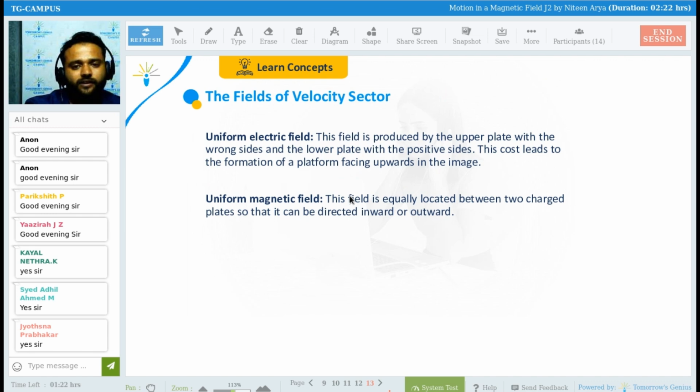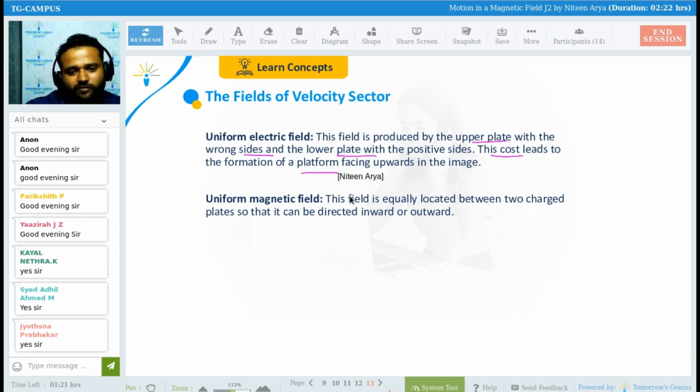Okay. The fields of a velocity selector: uniform electric field and uniform magnetic field. This electric field is produced by the upper plate and the lower plate. This is just the formation of this particular electric field, so just read it down, I'm not going to explain.